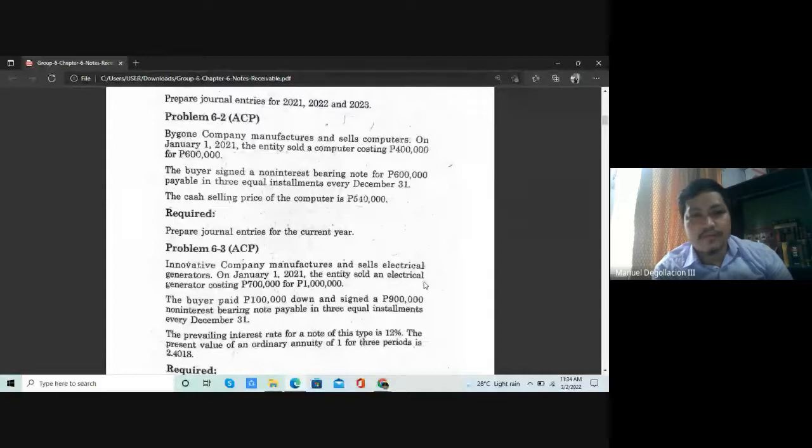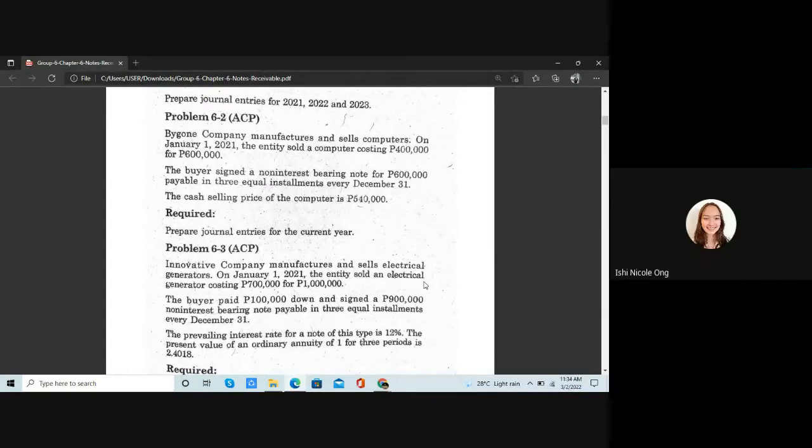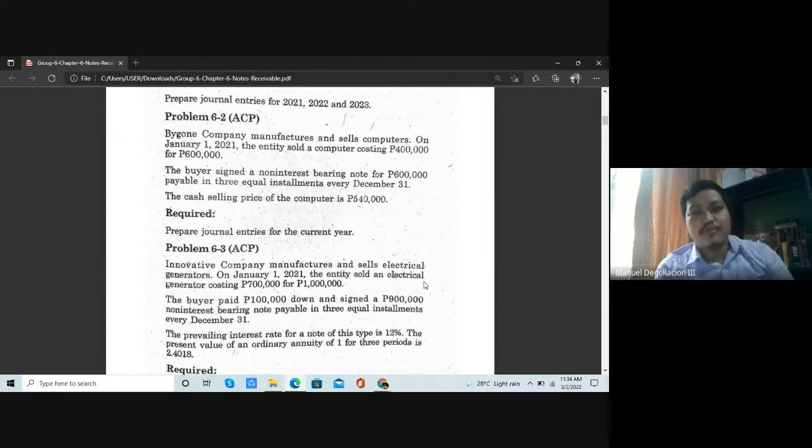By the way, Ms. 29, what's the rule for the measurement for non-interest bearing notes? Measured at present value, sir. So if you are preparing a January 1, 2021 financial statement, at what amount will the notes receivable be presented?